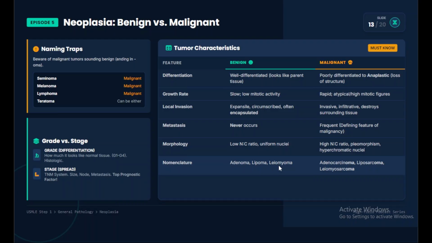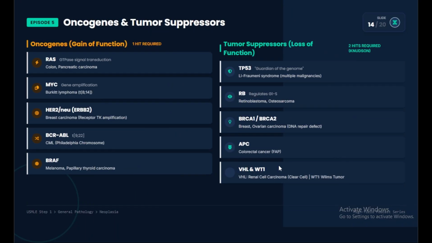So yeah, that's it. Let's talk about oncogenesis and tumor suppressors. Now that we know benign versus malignant tumors, we should look under the hood and see what makes a cell go rogue.